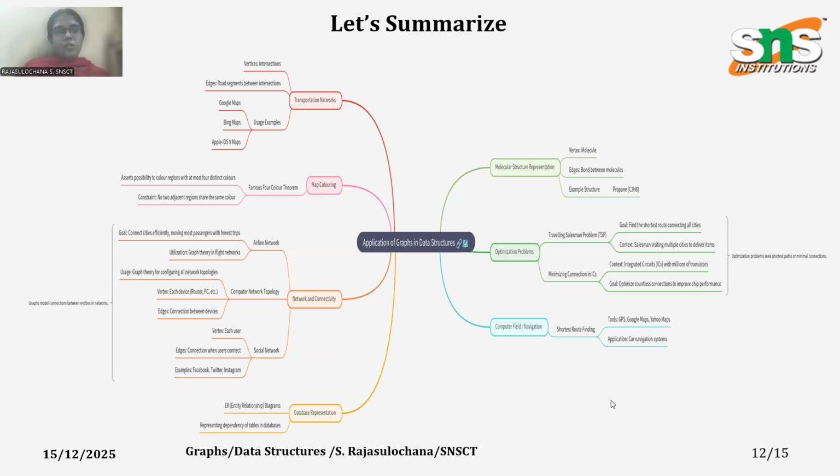It is also used in molecular structure, and optimization problems such as the traveling salesman problem also make use of graph data structure, and it is used in the computer field and in car navigation system. So these are the various areas, a wide range of areas, where graph data structure is applied in real time.